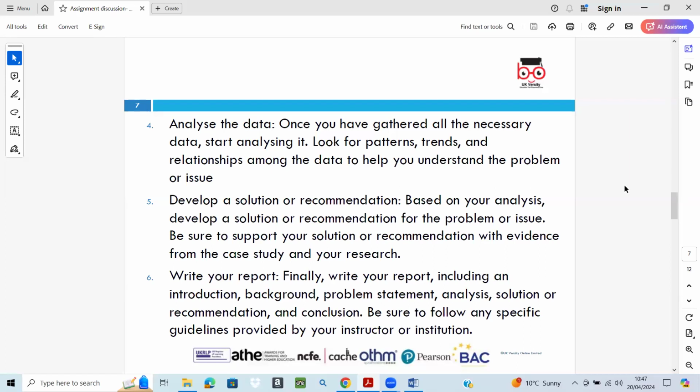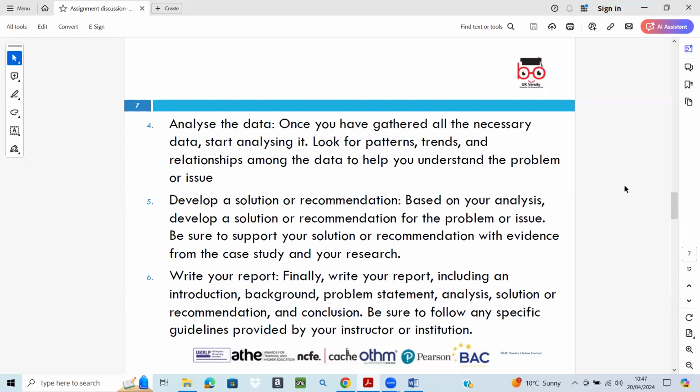So we always need to proofread the work for any grammatical errors and ensure all the citations are correctly formatted according to the guidelines. So in our case, we need to look for the Harvard referencing style.